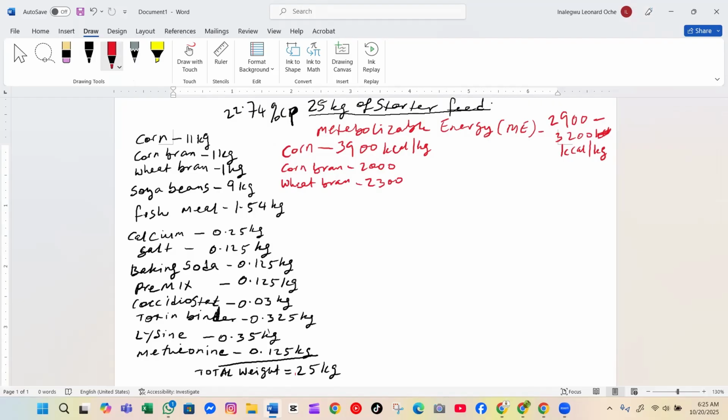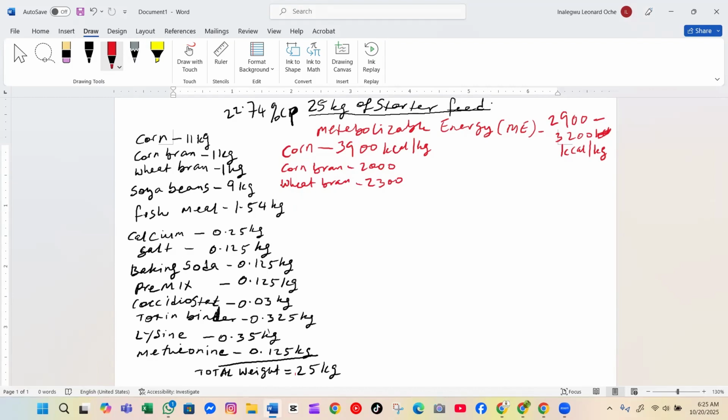For soybeans, it is different from soya meal. Okay, you should note that the energy in soybeans is higher than the energy in soya meal, but the crude protein in soya meal is higher than the crude protein in soya beans.